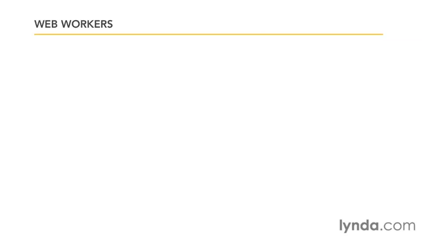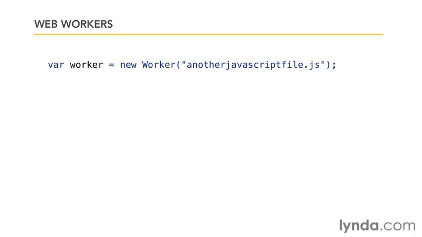Now, HTML5 does have a new JavaScript feature called Web Workers. We'll be able to load JavaScript and make it run in the background, regardless of what else is going on in your page. This is something that most other languages can do, usually under the term multi-threading, but JavaScript has never been able to do. You can create a new worker object and point it to a separate file of JavaScript.